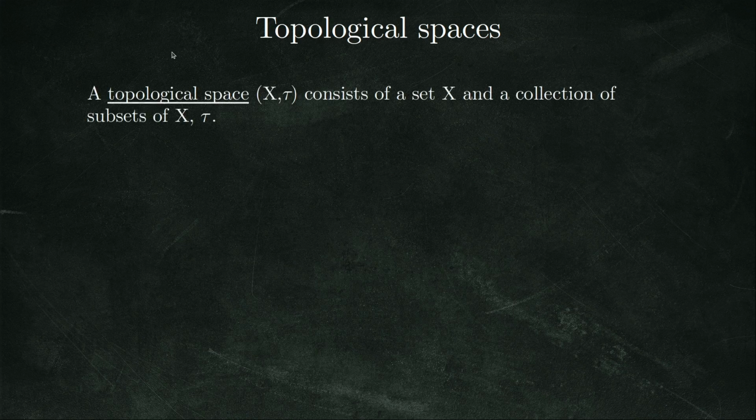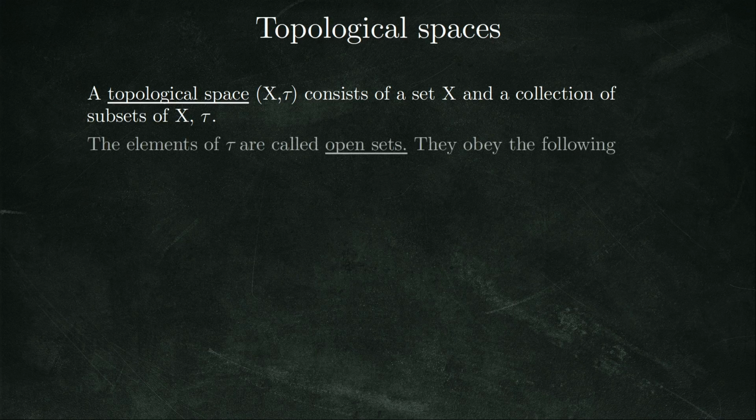So a topological space, (X, tau), consists of a set X and a collection of subsets of X, which we call tau. The elements of tau are called open sets, and they obey the following three premises. Firstly, both the empty set and X as a whole are elements of tau.